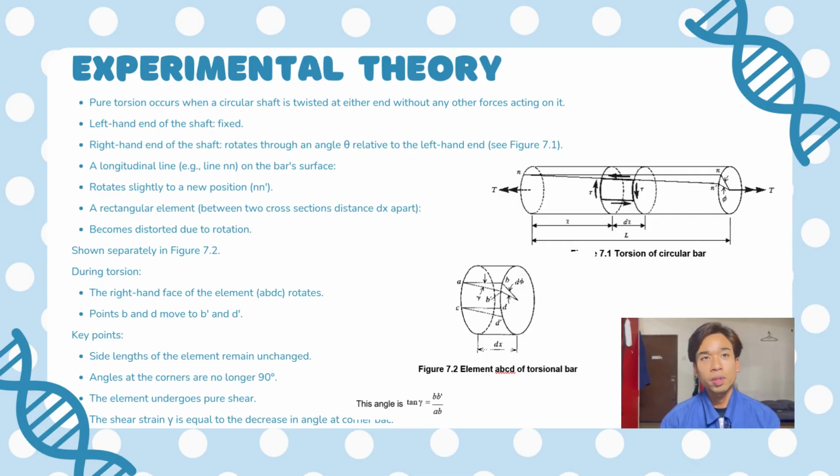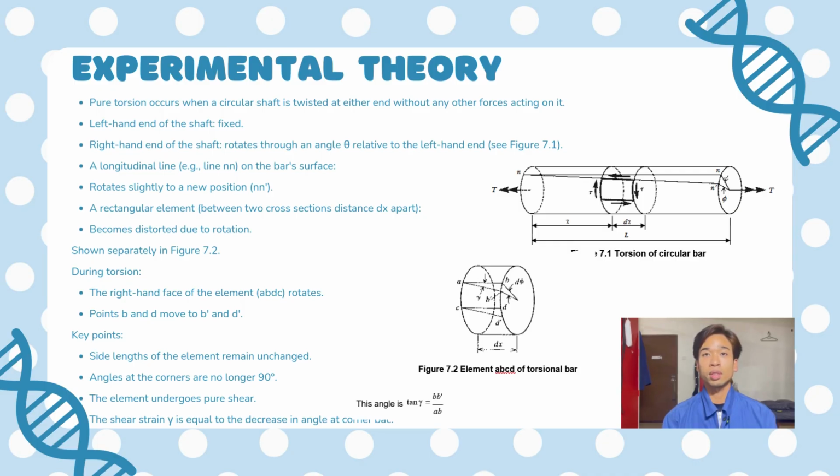Pure torsion occurs when a circular shaft is twisted at either end without any other force acting on it. Left hand end of the shaft fixed, right hand end of the shaft rotates through an angle B relative to the left hand end.